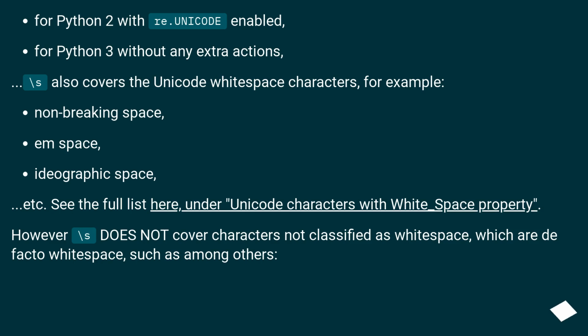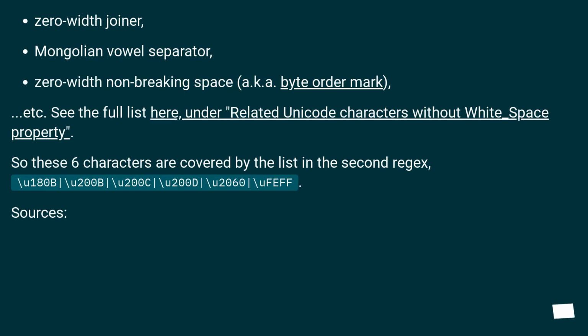However, \s does not cover characters not classified as whitespace, which are de facto whitespace, such as the zero-width joiner, Mongolian vowel separator, zero-width non-breaking space, aka byte order mark, etc. See the full list here, under related Unicode characters without White_Space property.